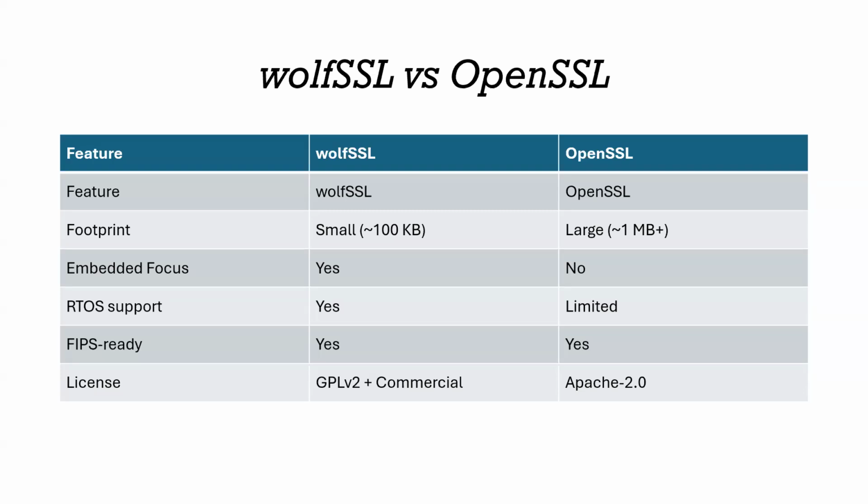So this footprint is very much in line with the microcontroller's flash memory, whereas OpenSSL approximately takes 1 MB of code data. So it's not easy to fit inside any microcontroller, because the highest flash available for any microcontroller is 2 MB.